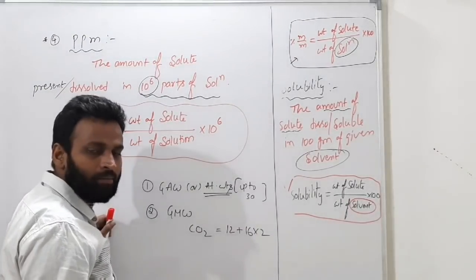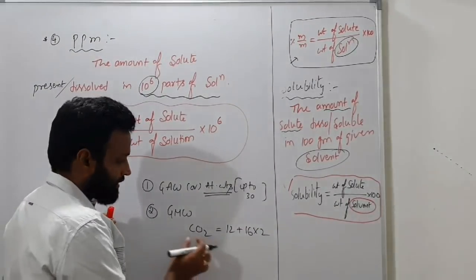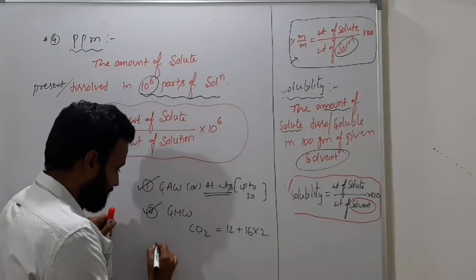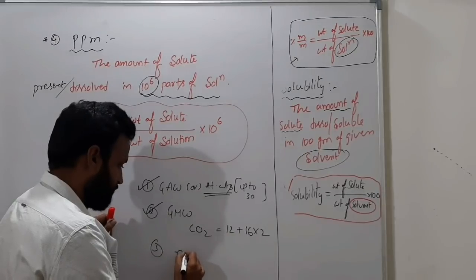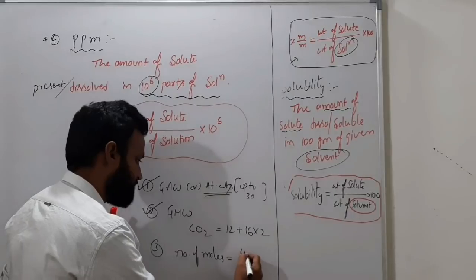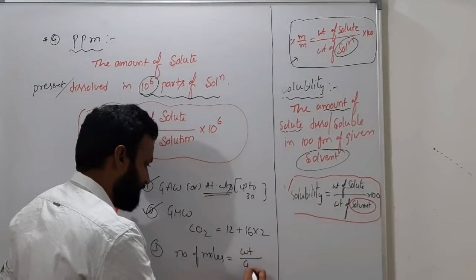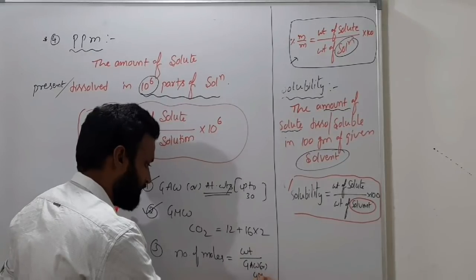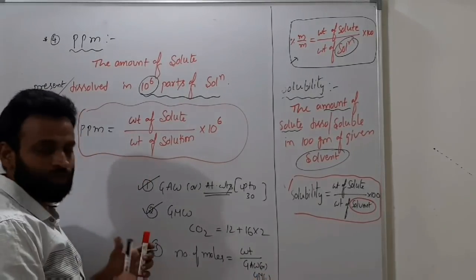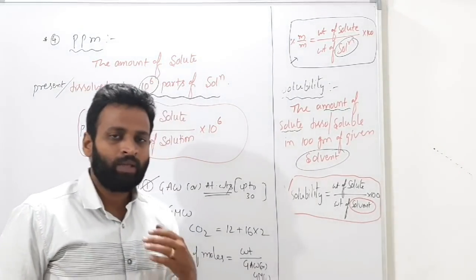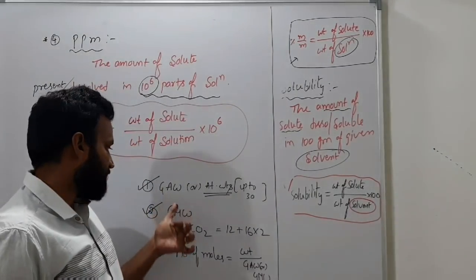Please go through gram atomic weight and gram molecular weights so that you can understand number of moles. Number of moles means weight of the substance by gram atomic weight or gram molecular weight. As I shared 2 videos yesterday, in those you will have gram atomic weights, gram molecular weights and number of moles.